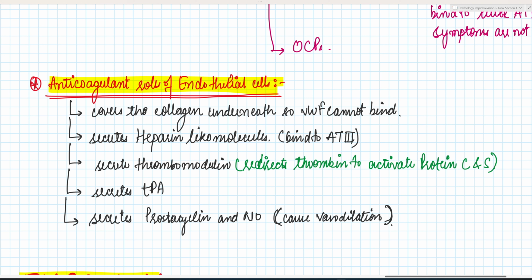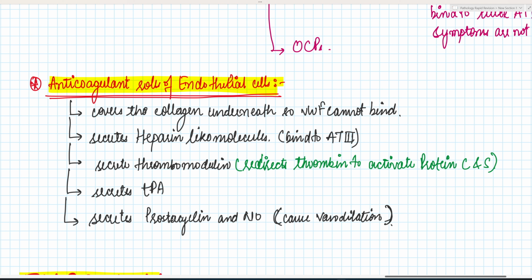In addition to activating factors 2, 7, 9, 10, vitamin K also activates protein C and S. So that is just a link to remind you. But here the thrombin is redirected. Thrombomodulin redirects thrombin to activate protein C and S, which are anticoagulatory, and prevents the coagulation cascade from beginning.